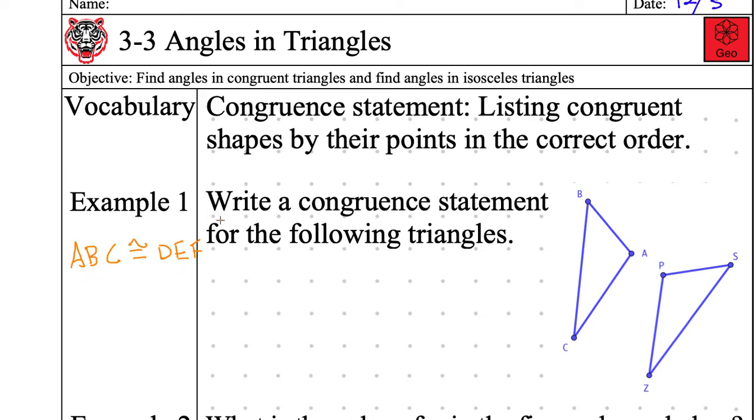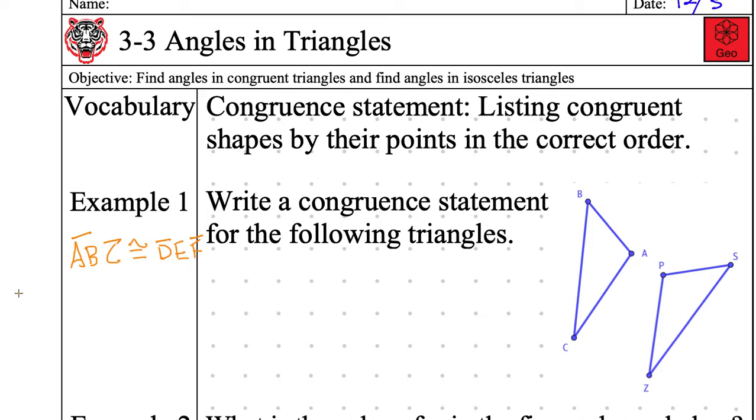I also know that angle ABC and angle DEF are congruent just because of how this is written. I know that line segment BC is congruent to line segment EF. I know that line segment FD and CA are congruent. Just by writing out this congruent statement, I know every single angle that's congruent and every single line segment that's congruent with a simple statement.